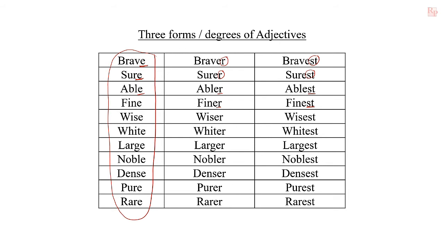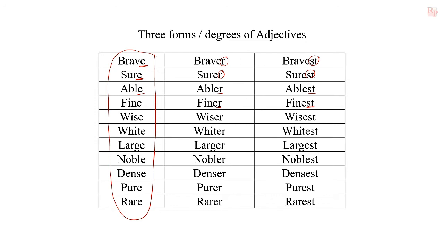Those are braver, surer, abler, finer, wiser, whiter, larger, nobler, denser, purer, rarer. And by adding just st after the end of the basic form of the adjective, we can form the superlative degree: bravest, surest, ablest, finest, wisest, whitest, largest, noblest, densest, purest, rarest.